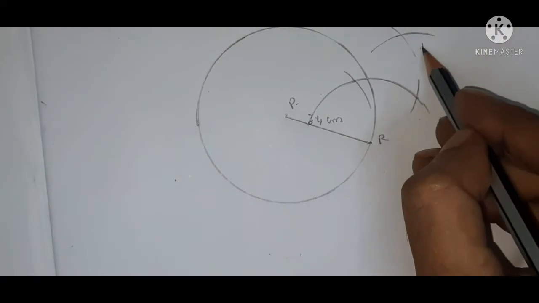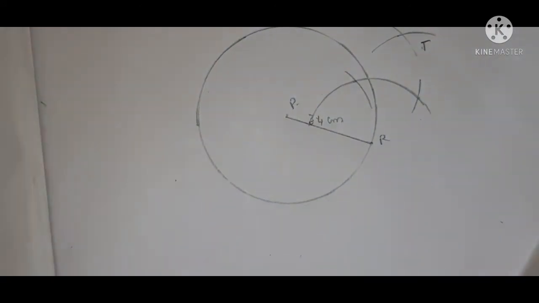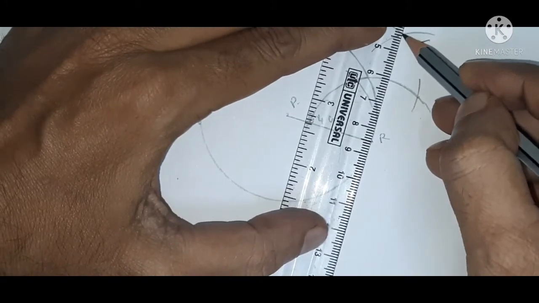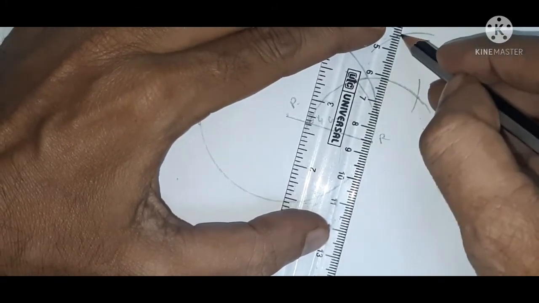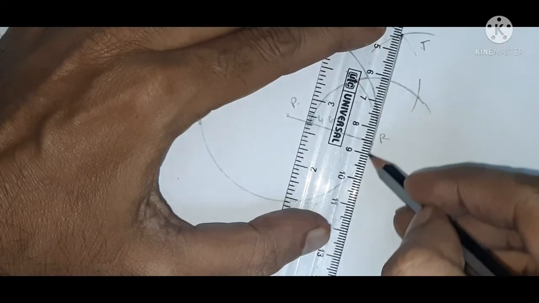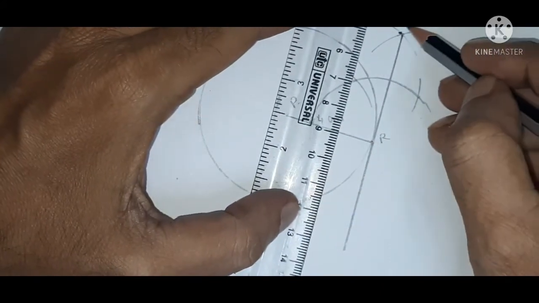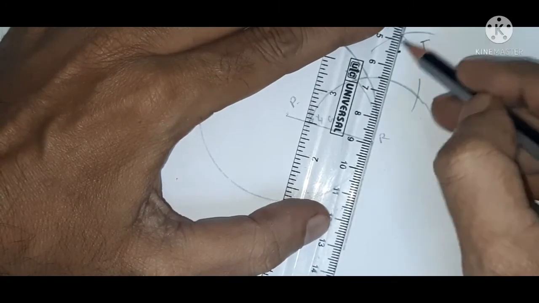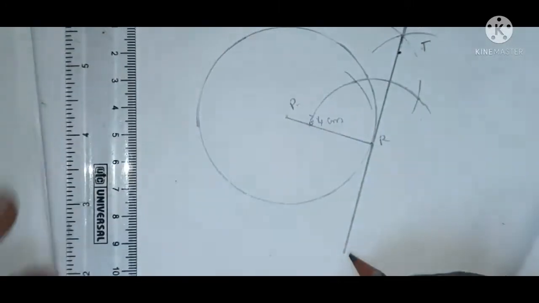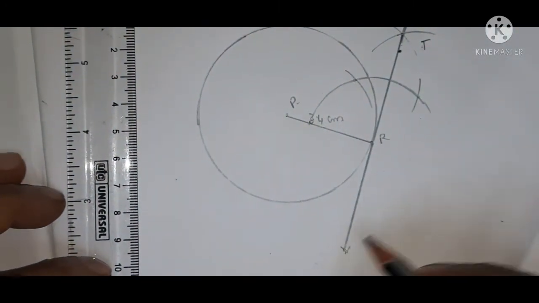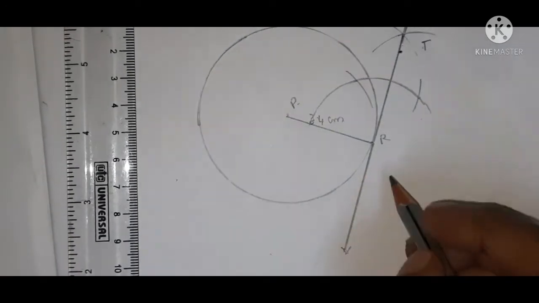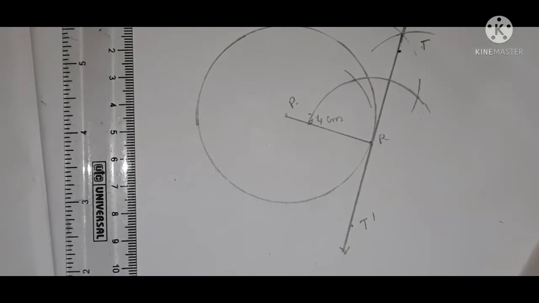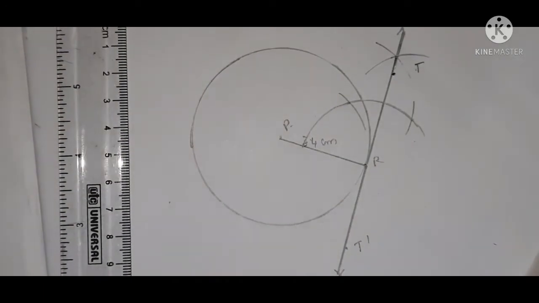Named as T. Join RT. Extend it. We get a tangent T dash of the circle.